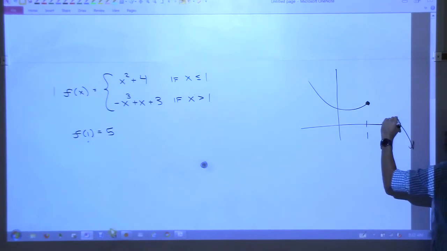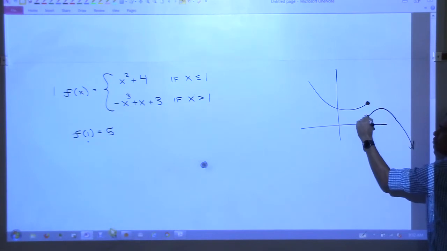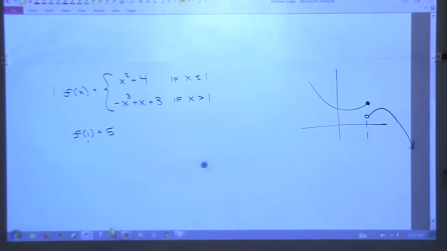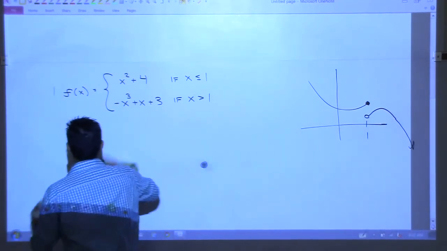I don't know if it actually meets up with that point. It might do this and then go like that. Or it might be above it or way down here or right on top of it. What I would like to have is for it right on top of it. And then it would be continuous, wouldn't it? So the question is this function continuous at 1? Because we know it's continuous everywhere else. No, it's not. Okay, well, let's see why, all right?